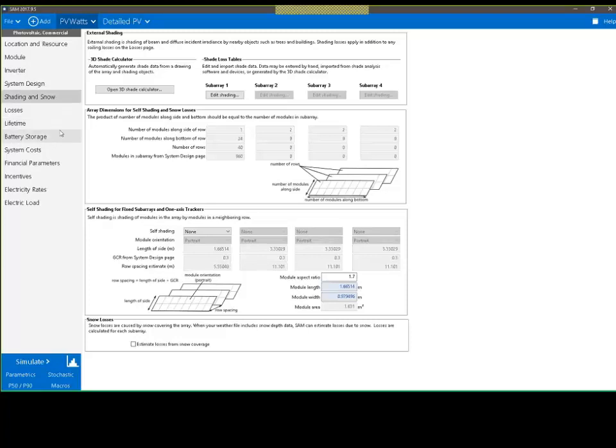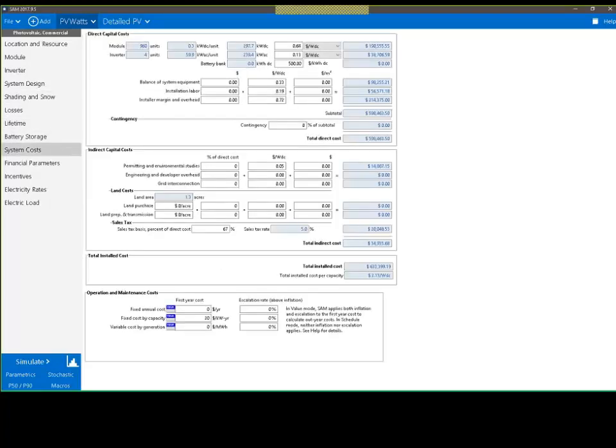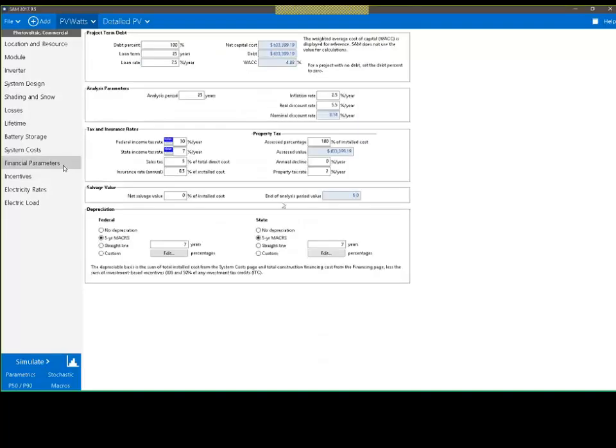And then on the financial side of things, we look at the various costs involved in installing the system, and also operating costs are accounted for. So these are costs that occur year to year as the project is operating. And then we have financial parameters here. So how is the project financed?